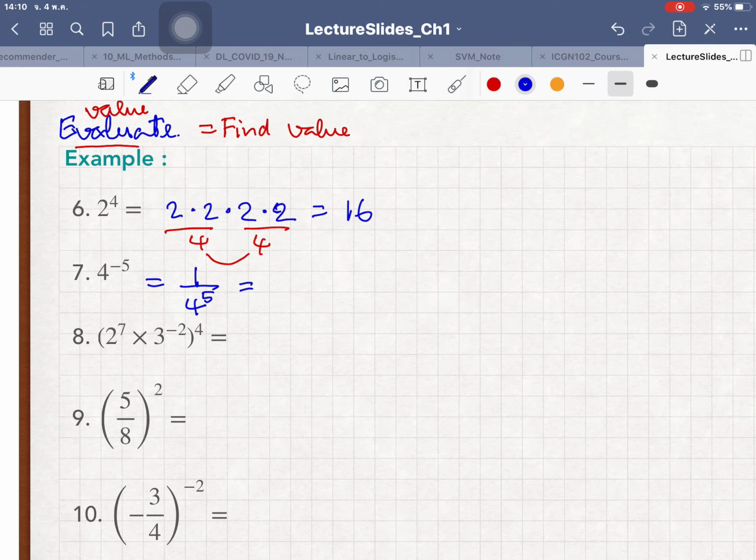At this step, now you get the power of 5, so it means that you have 5 repeating terms of 4. You just write them out: 1, 2, 3, 4, 5 terms of 4.